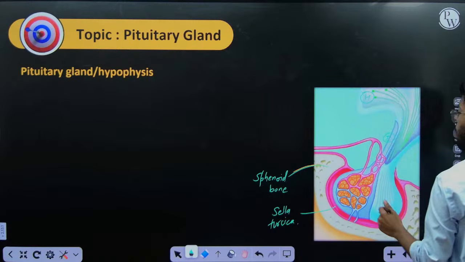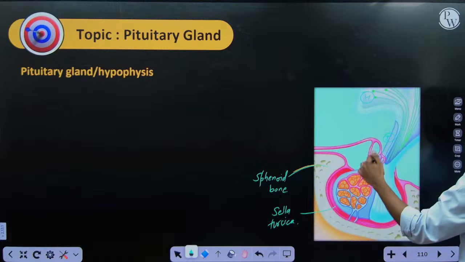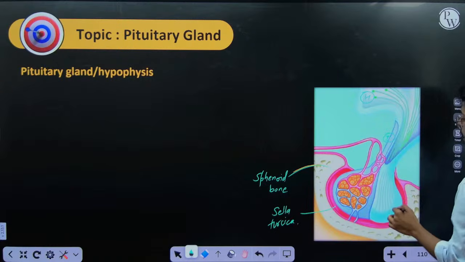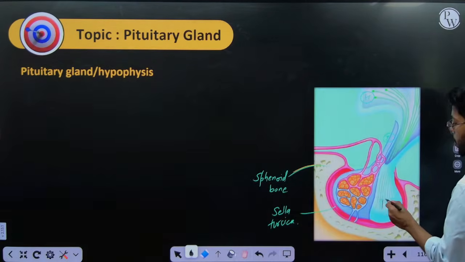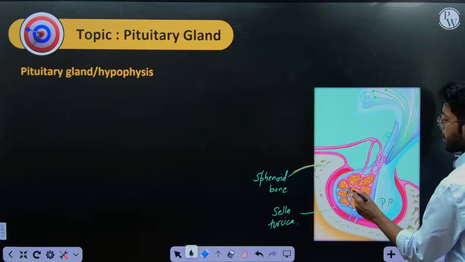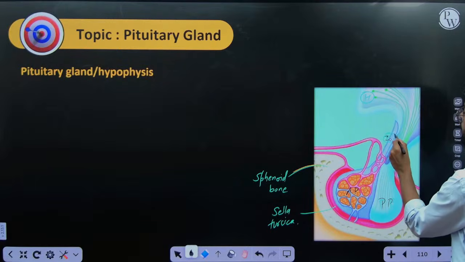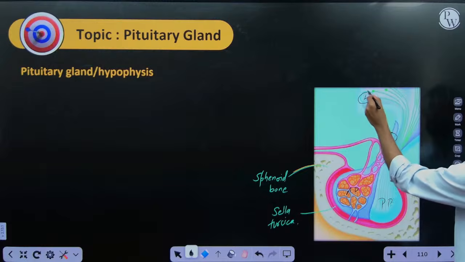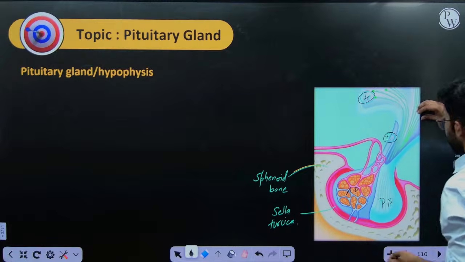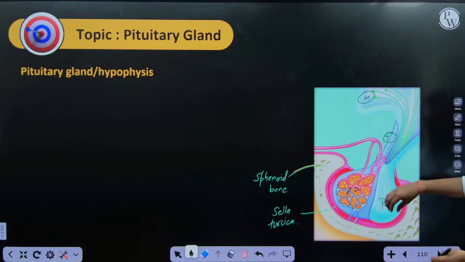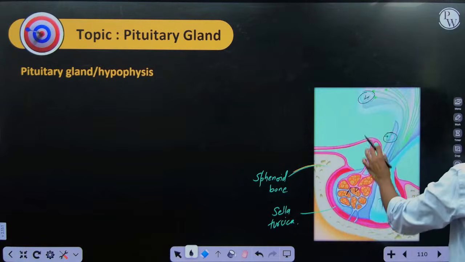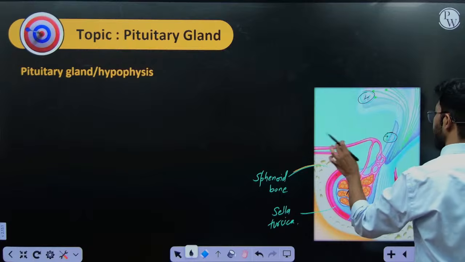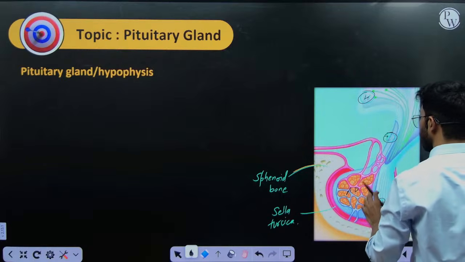This is the posterior pituitary, and this is the anterior pituitary. These are the neurons which travel along the infundibulum and reach the posterior lobe of the pituitary. And this is the circulation, the hypothalamo-hypophyseal portal system.